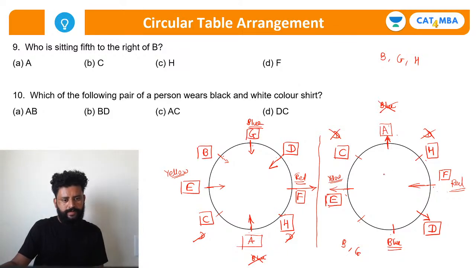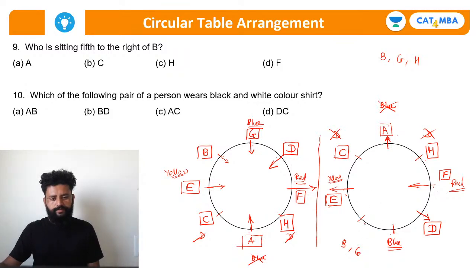So G is facing center. The right of G is E. These are the only two cases, but we still have to decide.